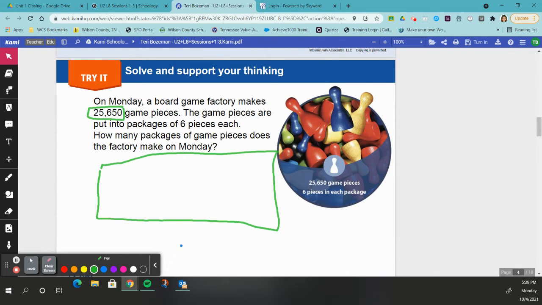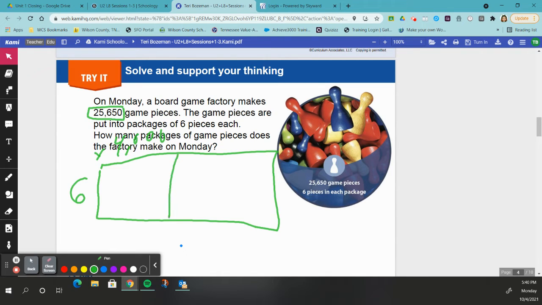You would just need to make sure that when you're breaking it up, it's still working with factors that are going to get you what you need by using 6. So this side of your box is going to be 6. So you're multiplying 6 times something to get 25,650. So then you could say, okay, well, I know 6 times 4,000, right?